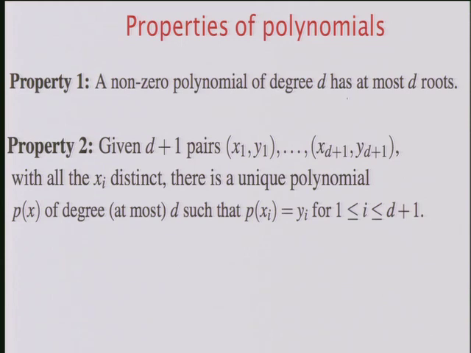Remember, if you have a polynomial a naught x to the d plus a1 x to the d minus 1 plus so on plus a sub d, and you want to know what are those values of x such that this polynomial evaluates to 0, then the values of x for which this polynomial evaluates to 0 are called the roots of the polynomial, and the claim is that a polynomial of degree d has at most d such roots.